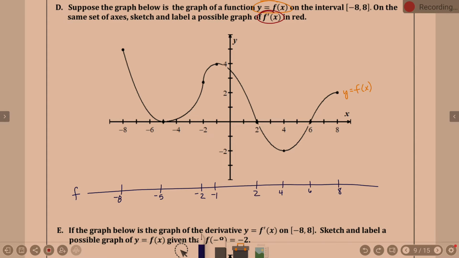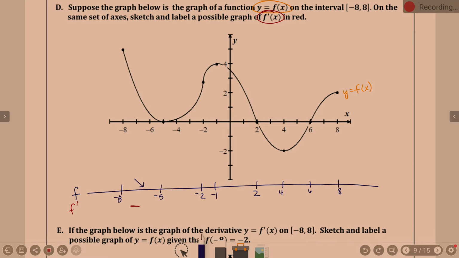And so, as we do this, what is our graph doing from -8 to -5? It's decreasing, right? What's decreasing going to mean about our derivative? It's going to mean that our derivative has to be negative in this area, right?